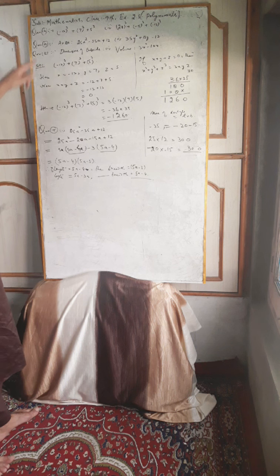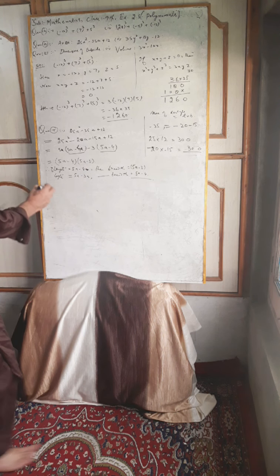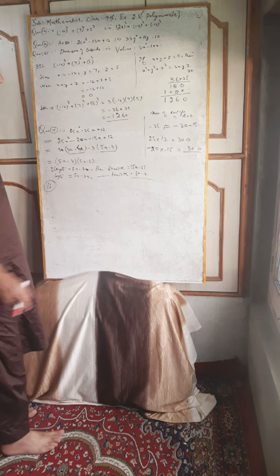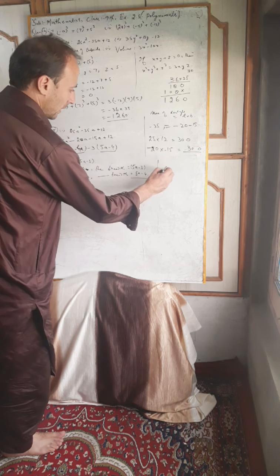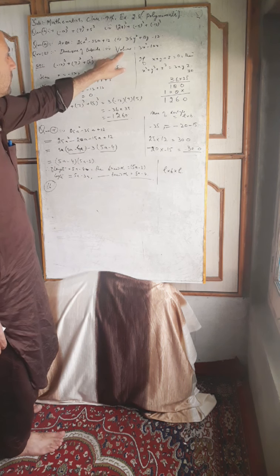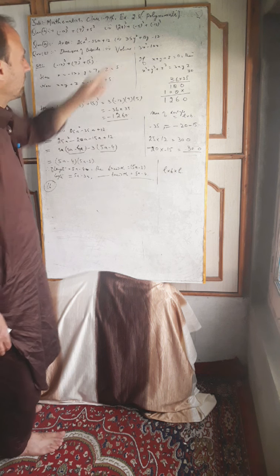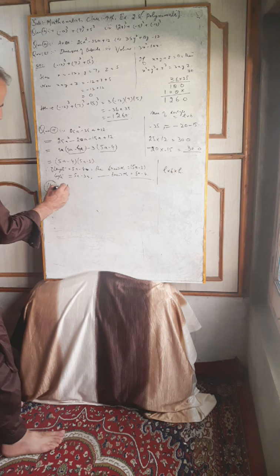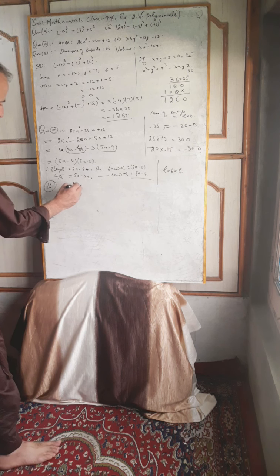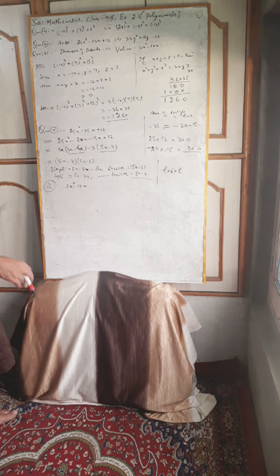Now we will solve the last question, question number 16. Here we have to find the dimensions of a cuboid. Since we already know the volume of a cuboid is always equal to length into breadth into height, the volume is given in the form of an expression, 3x square minus 12x.